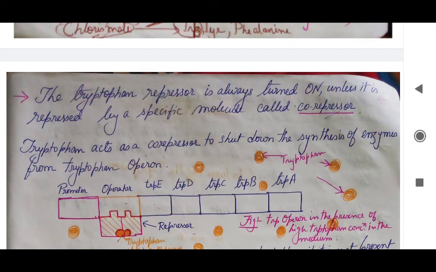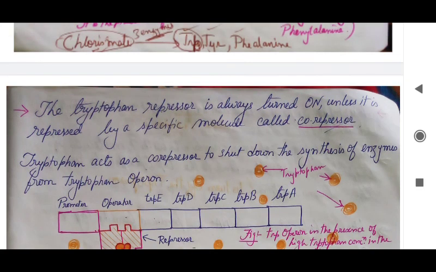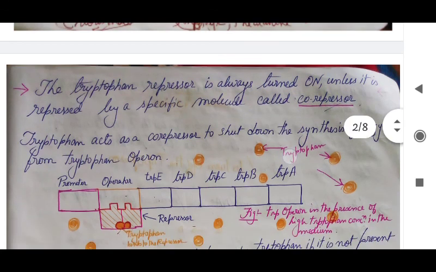The tryptophan repressor mainly regulates the TRP operon. It is always turned on, meaning it stays active unless its activity is repressed by a co-repressor.